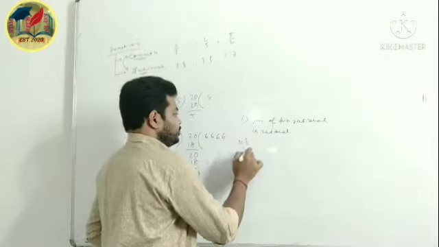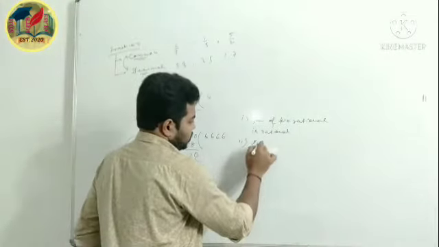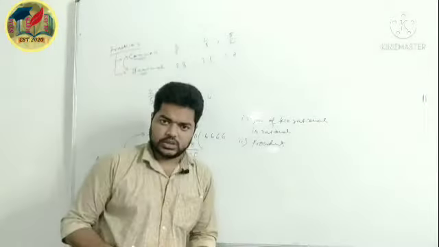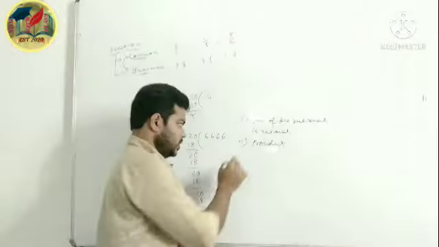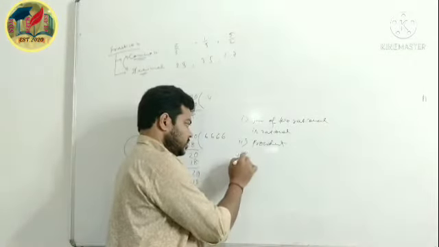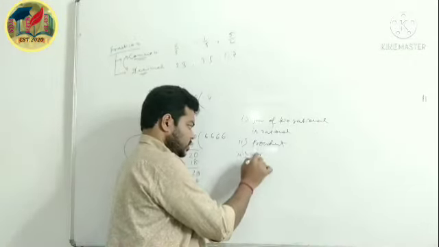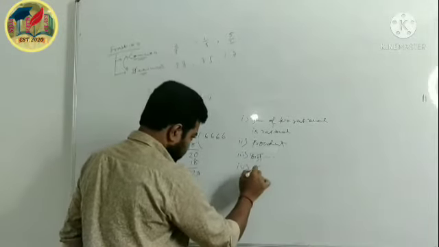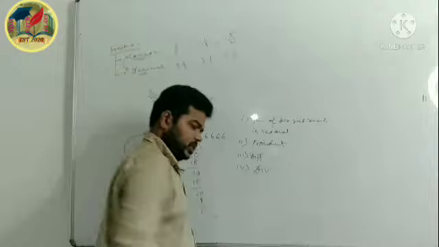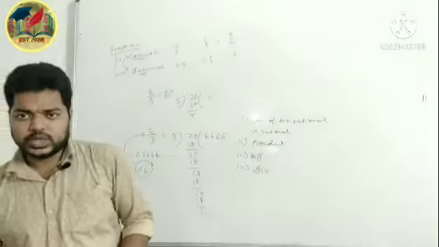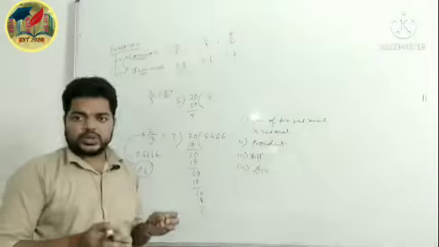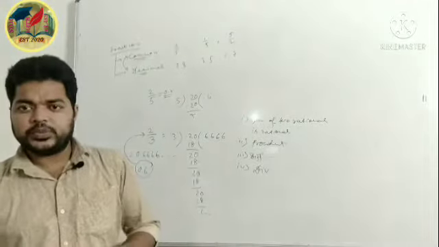Number two, the product of two rational numbers is also a rational number. Number three, the difference of two rational numbers is rational. Number four, the division of rational numbers is also a rational number. Clear? So we know about rational numbers and their properties.